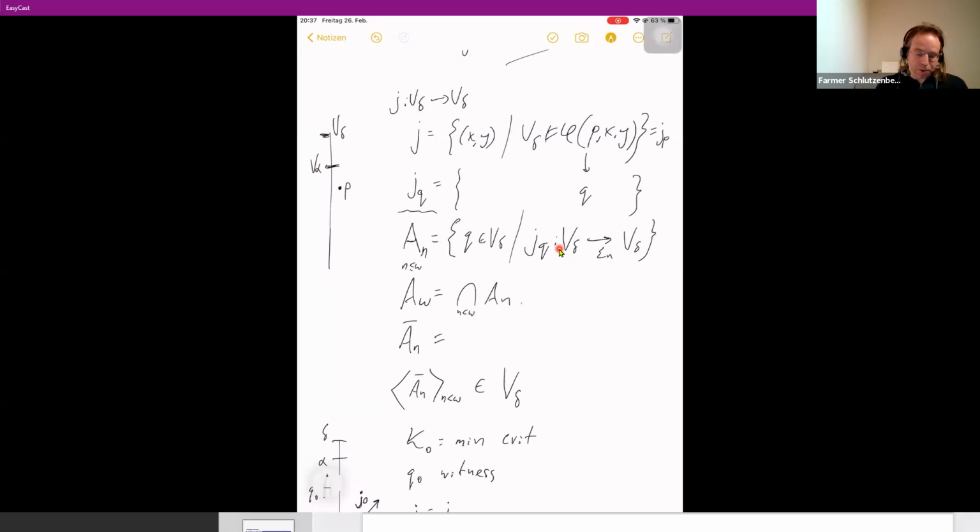Okay, and our assumption is we've got a P here in V_alpha, which gives us a fully elementary map, and it's in V_alpha. So let's just restrict the A_ns down to V_alpha.